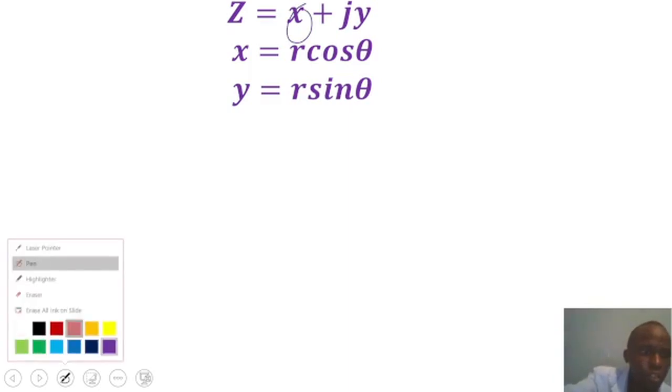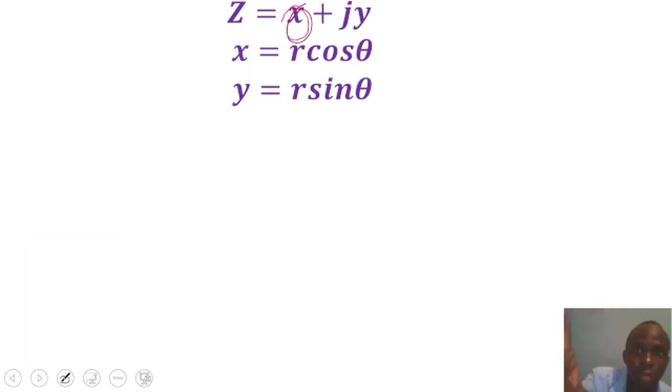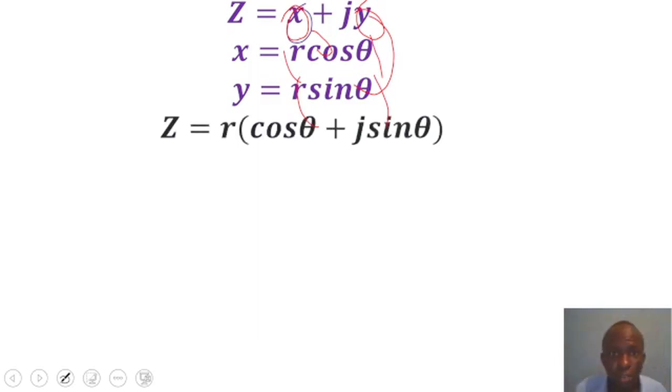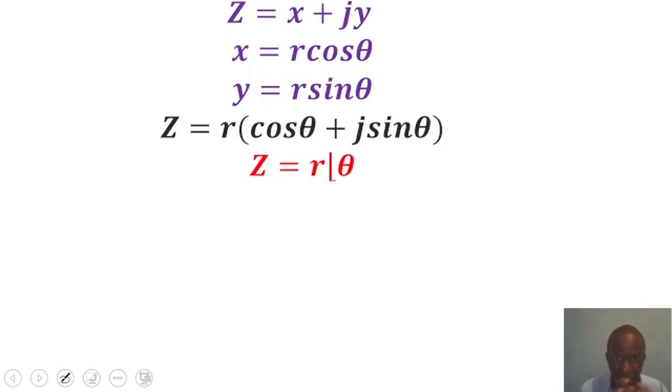And we have also seen that y is equal to r sine theta. Now substituting the values of x and y, the r cos theta and the r sine theta, we arrive at that. So what have we done? We have just substituted the values of x and y in the Cartesian form. Now this can also be simplified further by representing it that way.